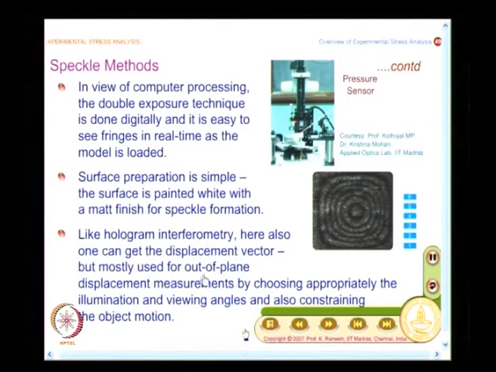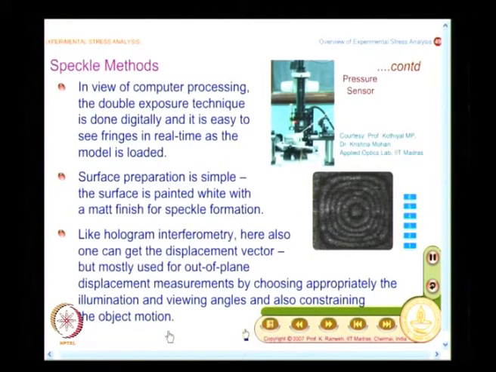So, what you find here is mostly you will get out of plane displacement measurements, but you can get the displacement vector by choosing appropriately the illumination viewing angles and also constraining the object motion. This is common to both hologram interferometry and speckle interferometry. If you want to get U and V displacement, you have to choose the illumination, viewing angles and also constraining the object motion.